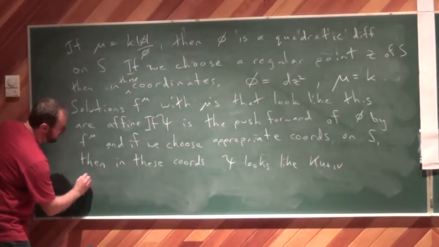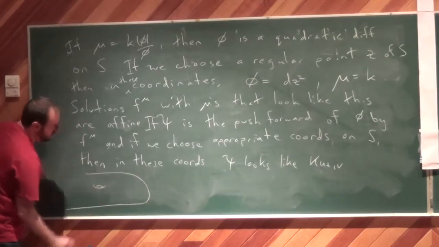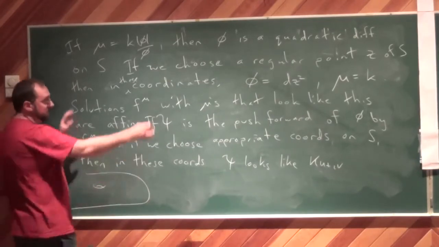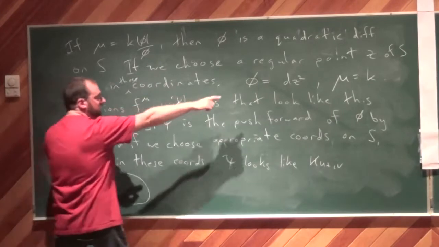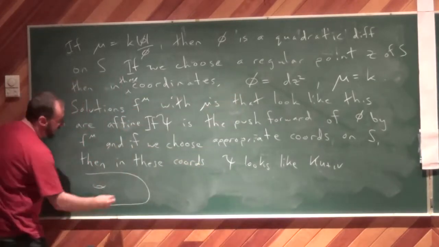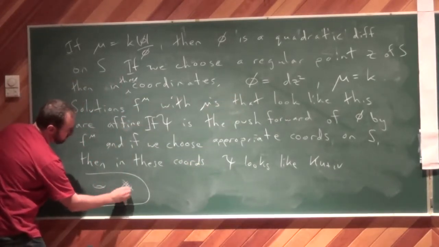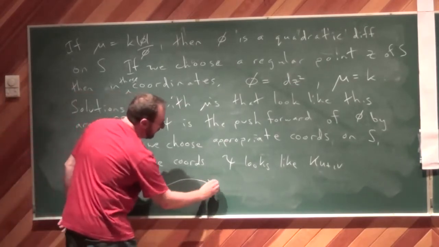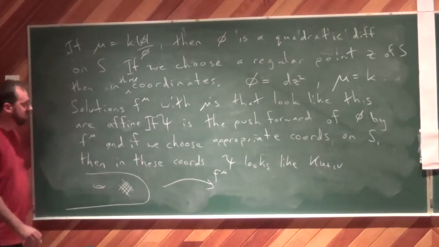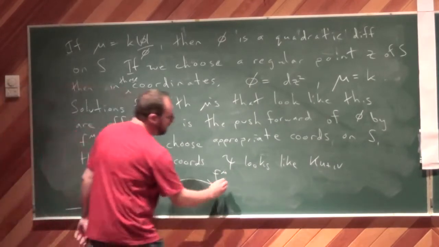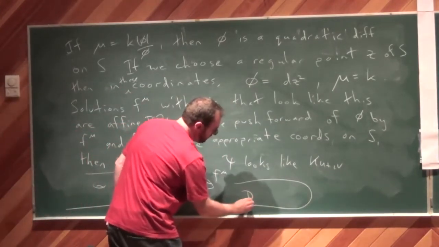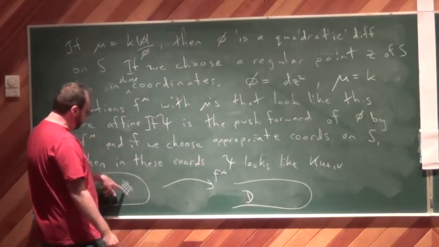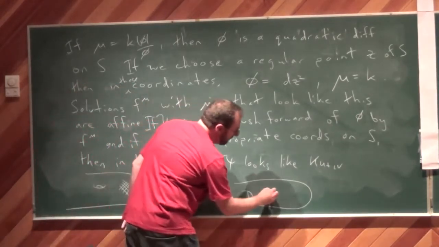So in other words, on our surface, we choose coordinates based on our quadratic differential phi, and we get coordinates that look like this. And then when we hit this by our Teichmüller map F mu, what's happening is that these are getting stretched in a particular direction.